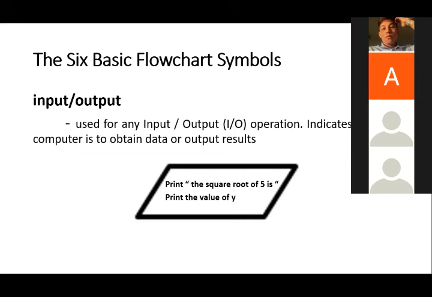Usually printing commands use this symbol. It says here, print the square root of 5 is. It will print, notice we have double quotes, the whole sentence or phrase. Plus another command here, print the value of y. What is the value of y now?